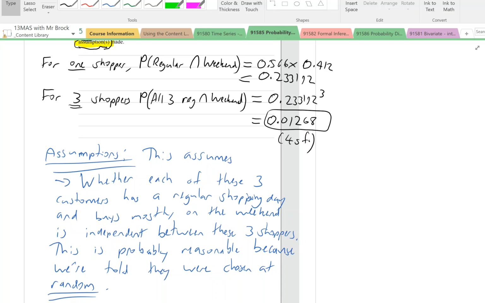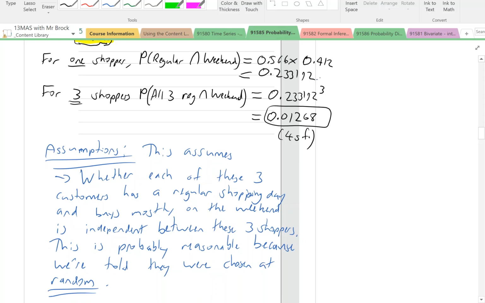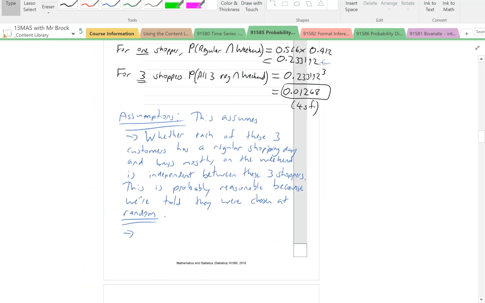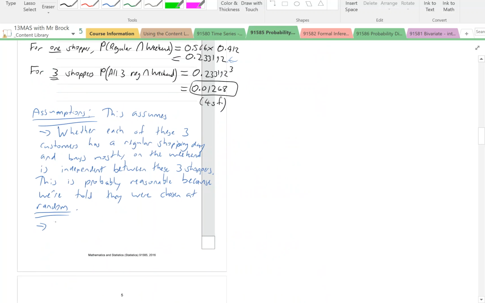For example, if roughly 23% of shoppers shop regularly and mostly on the weekend, out of 100, then when you chose one, there'd be only 22 out of 99 left. 230 out of 1,000, there'd still be 229 out of 999 left. Not much difference. So the other assumption is that we're assuming the sample is very large.